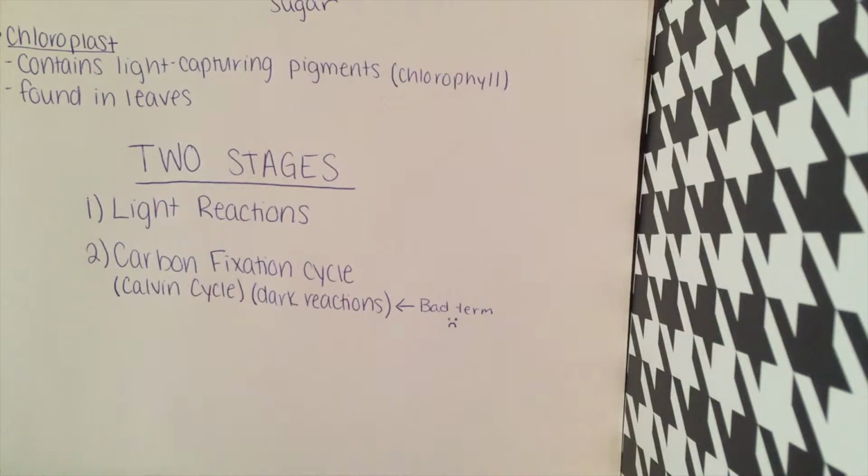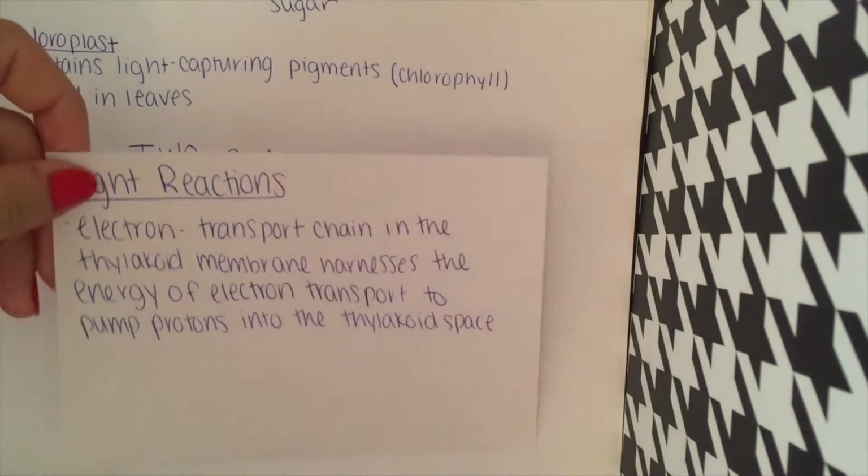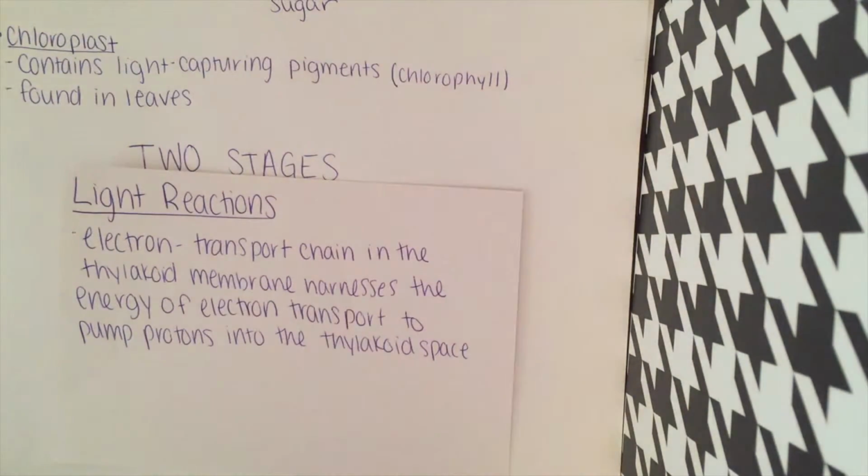So we have two stages in photosynthesis. The first is the light reactions, and that's defined as an electron transport chain in the thylakoid membrane that harnesses the energy of electron transport to pump protons into the thylakoid space. Now that's kind of complicated.